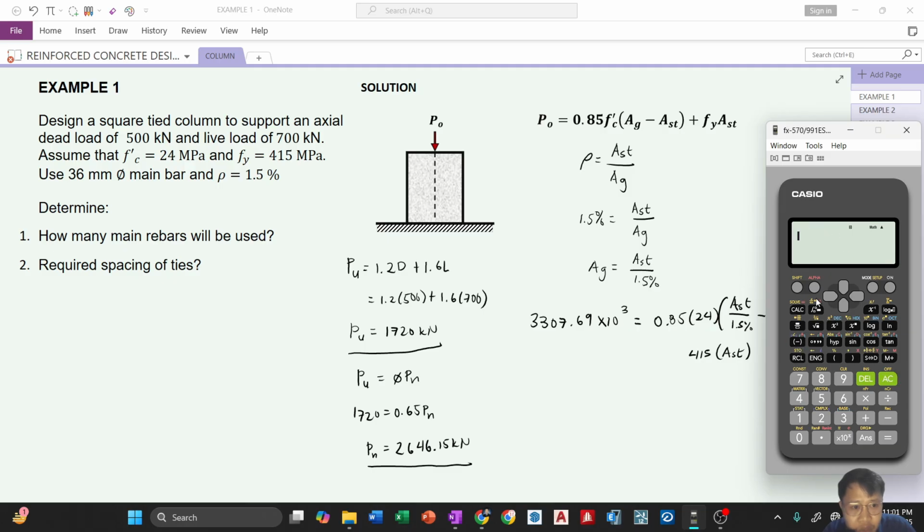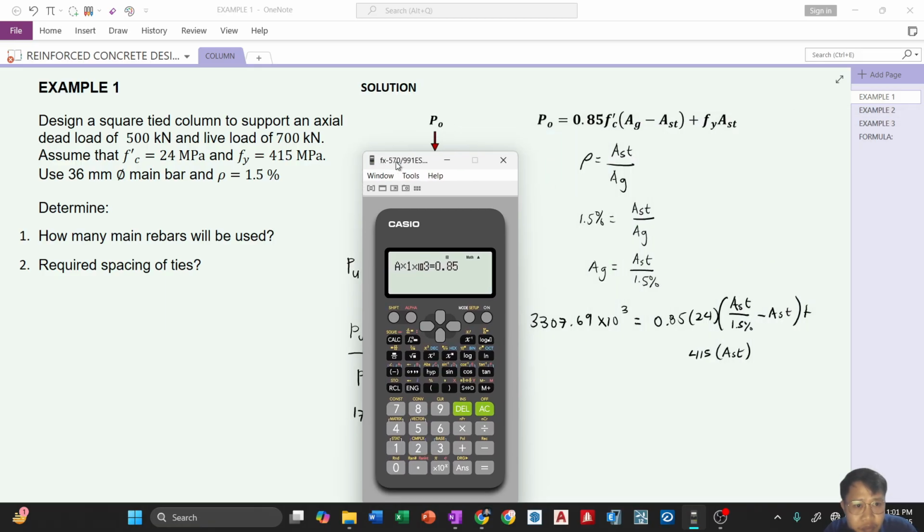Alright? So recall natin yung A. Multiply tayo dito ng 1,000. Then equate this to 0.85 nung 24. Okay, and then we multiply AST, that is now, okay, gawin natin yan unknown.